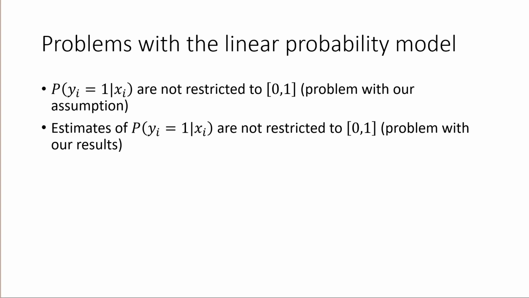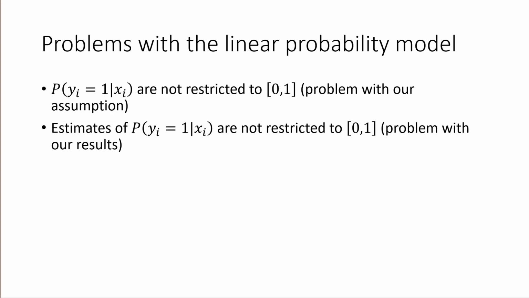Now here's another problem with the linear probability model, which is a little bit more subtle. Remember that when we have a linear regression model, which is also linear in data, then the marginal effects must be constant. An increase in the value of x will increase the expected value of y with the same amount no matter where you start from.